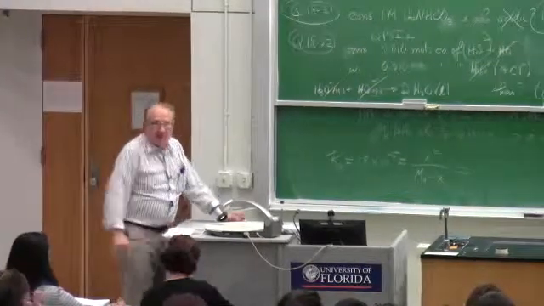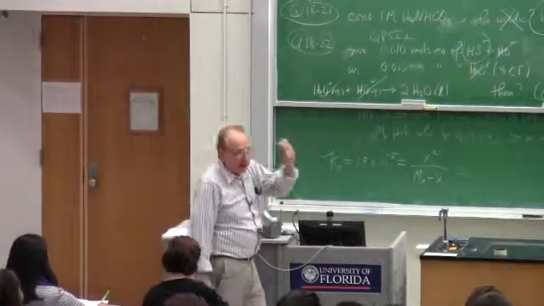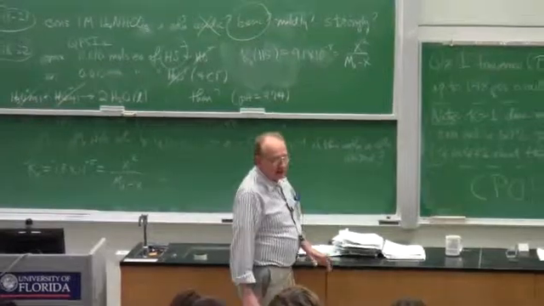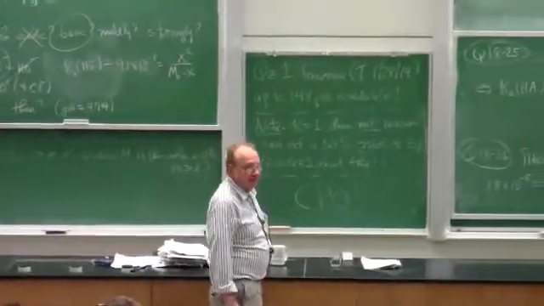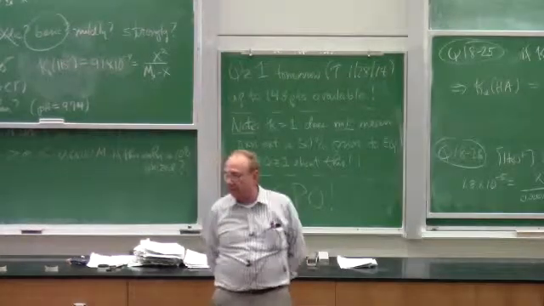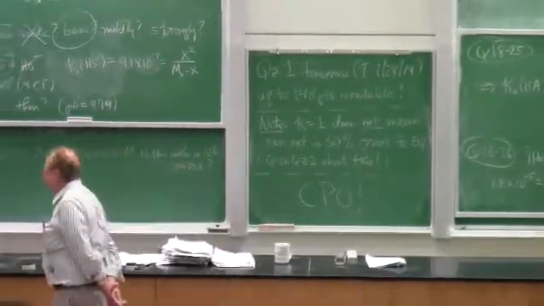Because Kb of HS minus corresponds to the equilibrium established by HS minus reacting with water to make its conjugate acid, which is H2S, and given that it's a base, it's reacting with water to make hydroxide ion. How do I get M sub I?